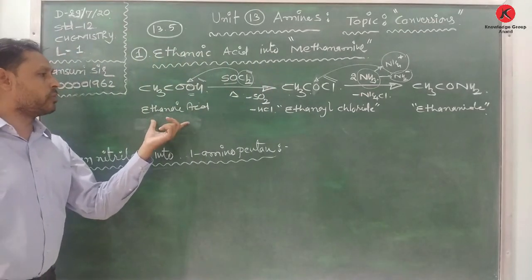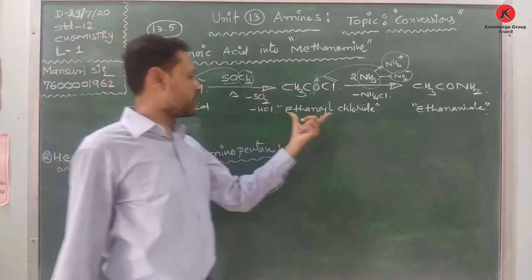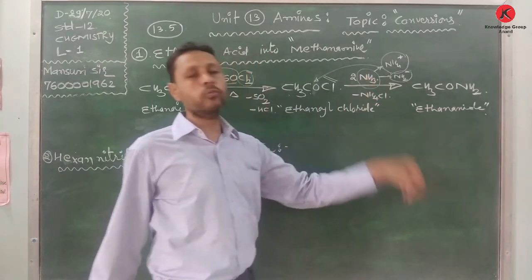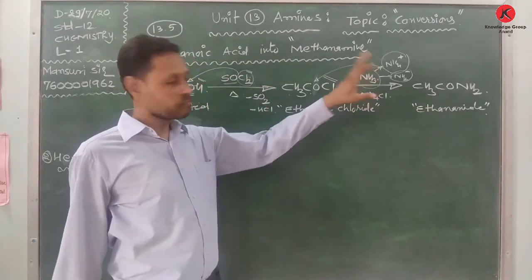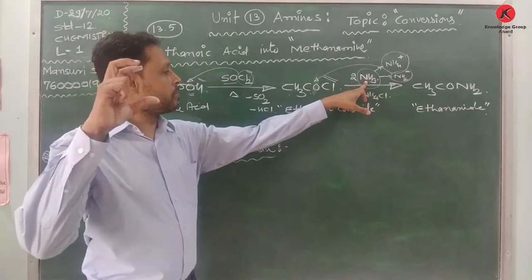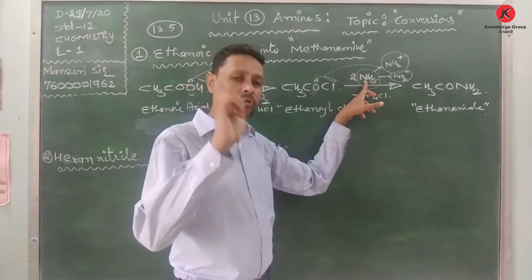Now let me discuss. Ethanoic acid is converted into ethanoyl chloride by using thionyl chloride. Thereafter ethanoyl chloride is converted into ethanamide by using 2 moles of ammonia. Whenever you are placing this mole, you can use 1 mole ammonia or 2 moles ammonia.